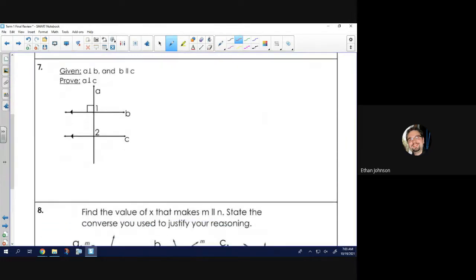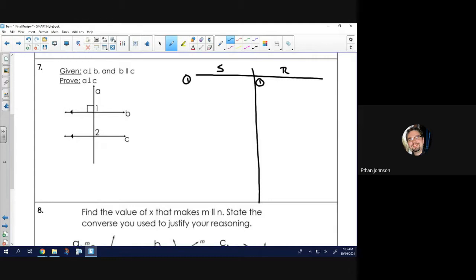Looking at number 7. Now the proof. This one is a longer one. So, looking at it, we have 2 given statements.